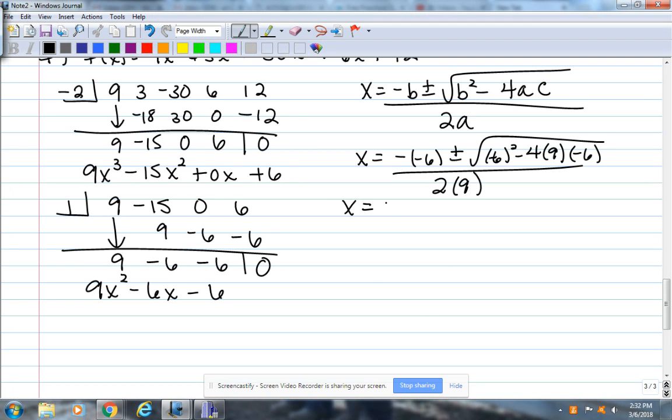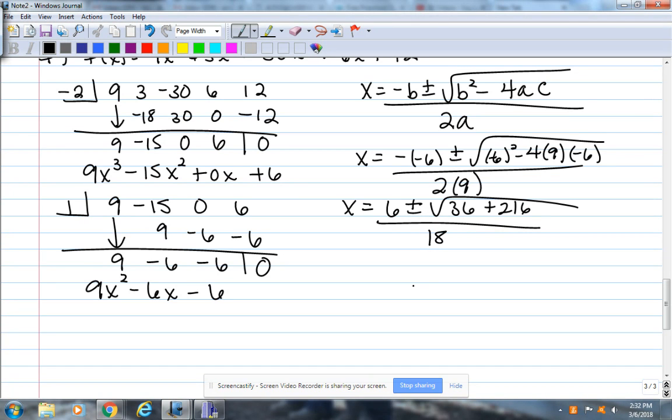So x equals 6 plus or minus the square root of 36. What's 36 times 6? 216. And that's going to be a positive 216 over 18.